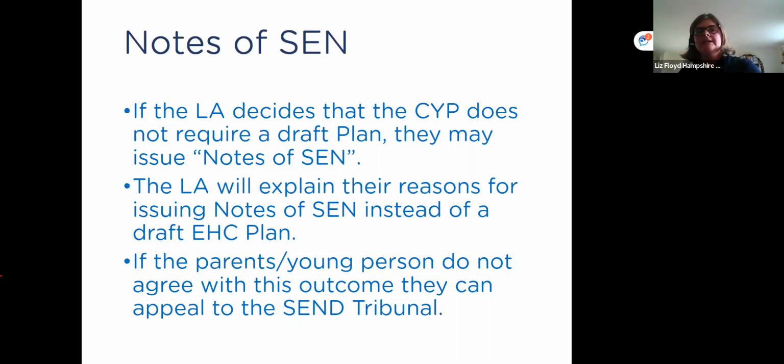If anybody gets that, be aware that they should also be told officially by the local authority that they're not going to issue a plan and that they are issuing this instead, because you are still entitled to a right of appeal. That's quite important to say. So you can appeal that as well.